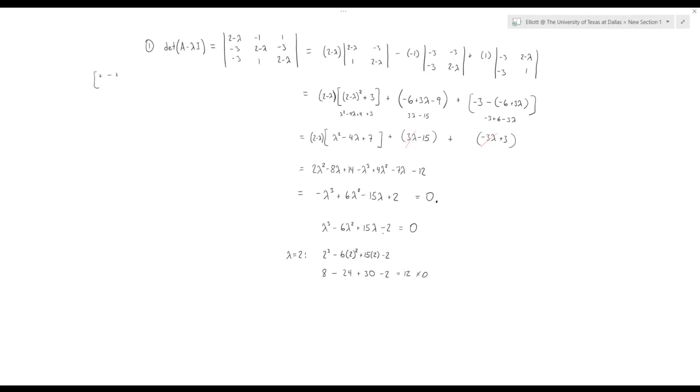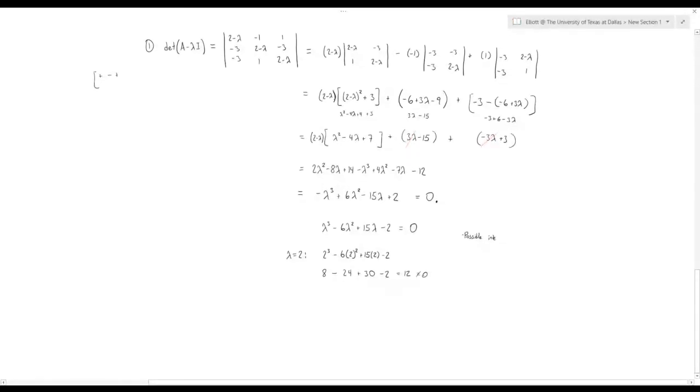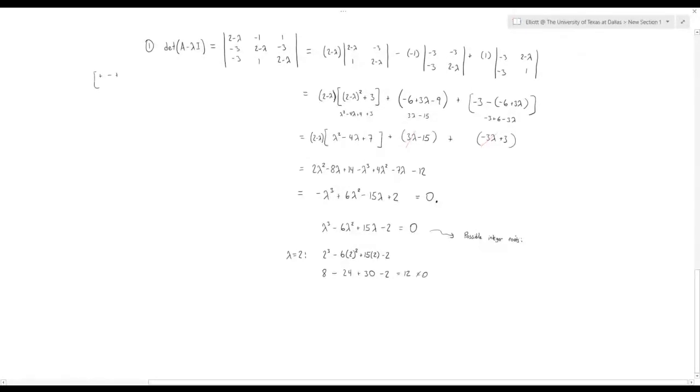So the possible integer roots would have been plus or minus 1 and plus or minus 2. But when I check, I think these aren't roots, meaning it doesn't have integer roots, or at least it doesn't have 3 integer roots, which is what we'd want for an example.